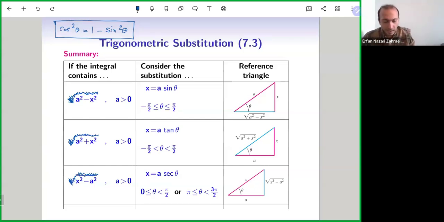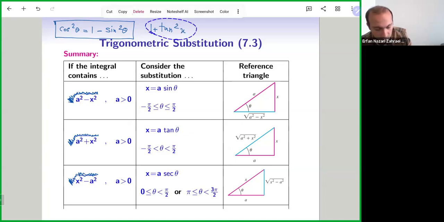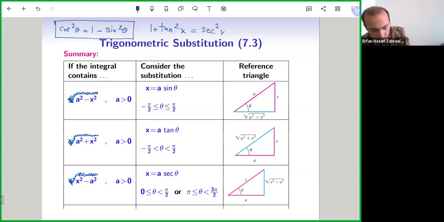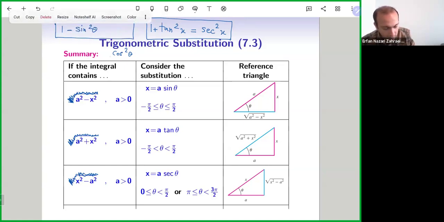What other formulas do we have? If you remember, the other formula that we had was 1 plus tangent squared is secant squared. To be consistent for all of them, let me write the term 1 minus something or 1 plus something always on the left, and write the results on the right.